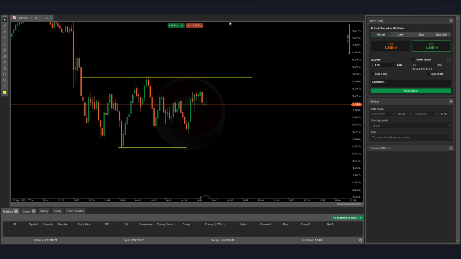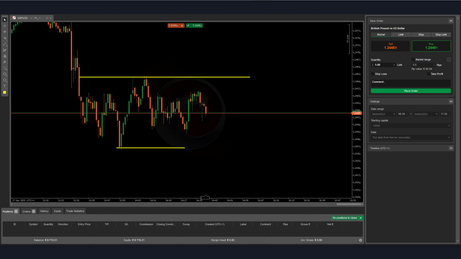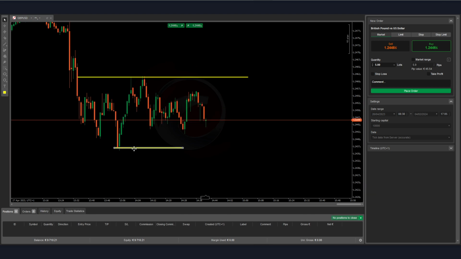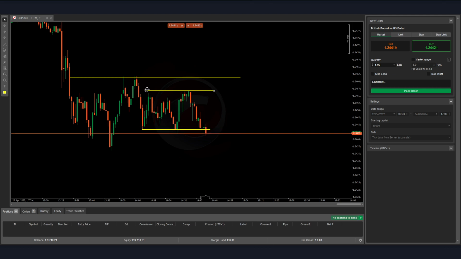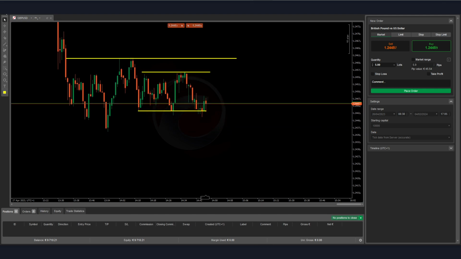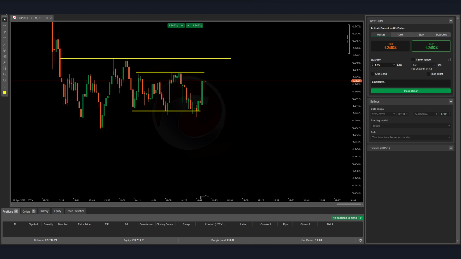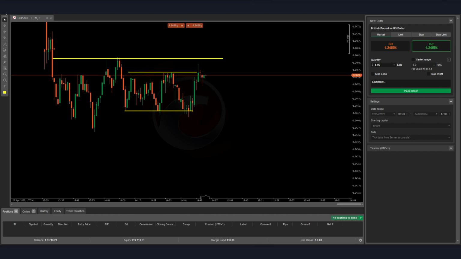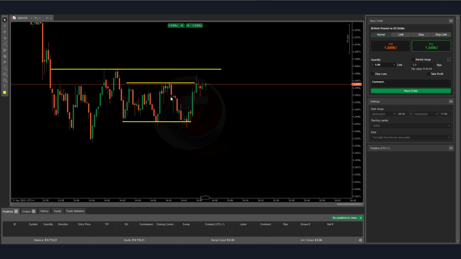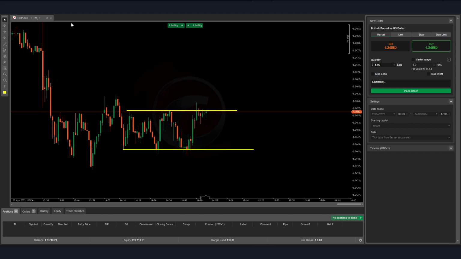Not much going on. But I think that at least I'm not taking too many trades in the middle of the range now. Based on this price action, let's see if we're going to break below or above. Yeah, the 1 minute requires a lot more patience and a setup showing up in the chart.